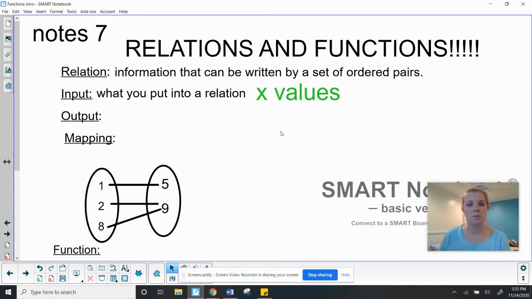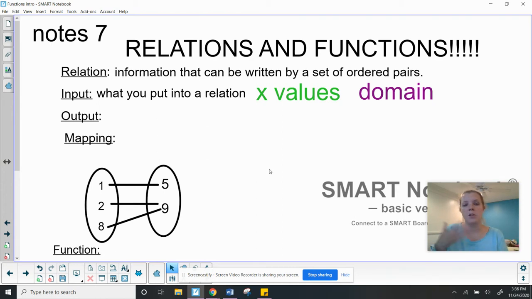So whatever number comes first, that's the input or the x value. And then this next word is the fancy word. It's also the domain. We're going to continue as we work with functions to add other names to what an input is. But for now, we need to know that these are all synonyms. Input is the same as the x value in the ordered pair, and it's the same as the domain of the relationship.